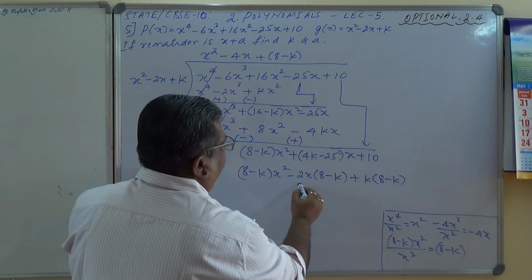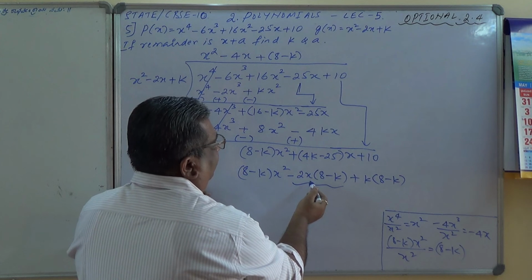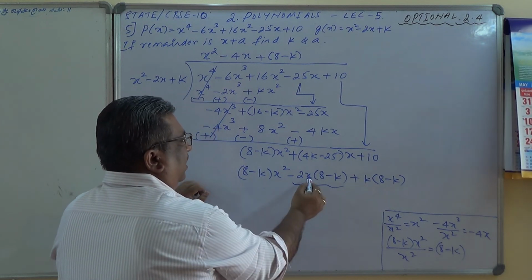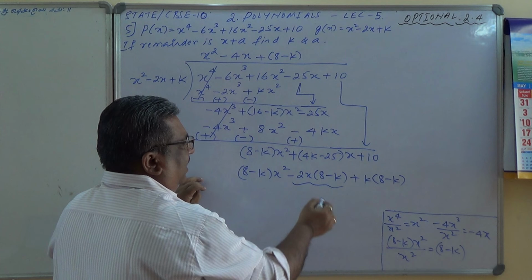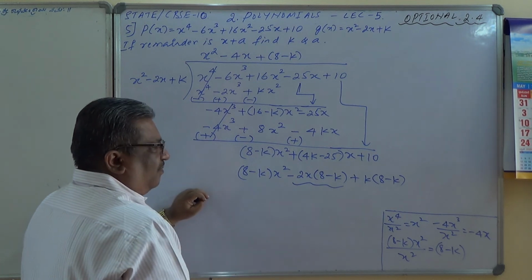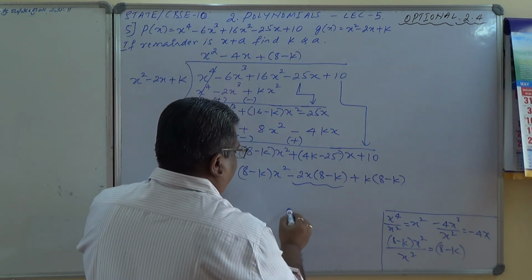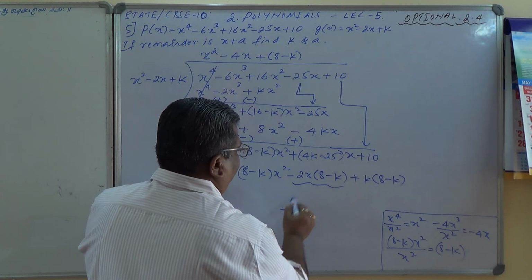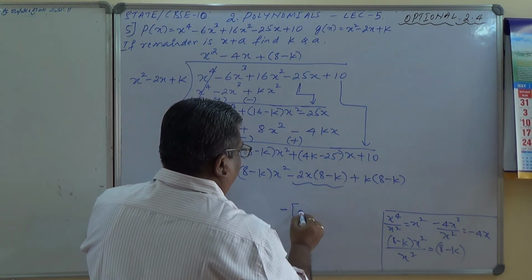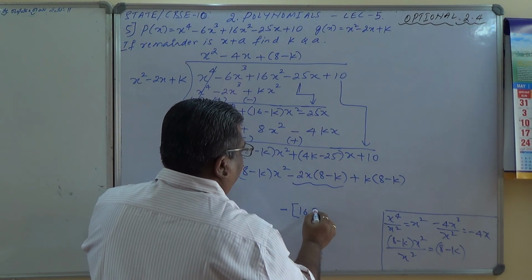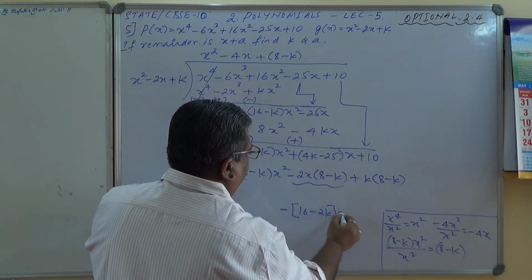Now I have to modify this a little bit, and what I have to do here is take 2 inside and make x outside here. Are you able to understand? That way I'll try to simplify it. This is minus x, 2 goes inside the bracket, 2 into 8 is 16, and 2 into this is minus 2k x.